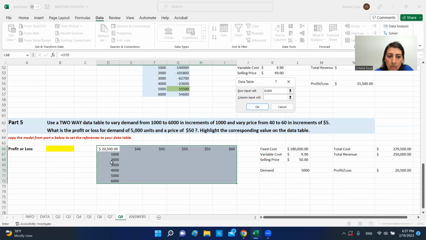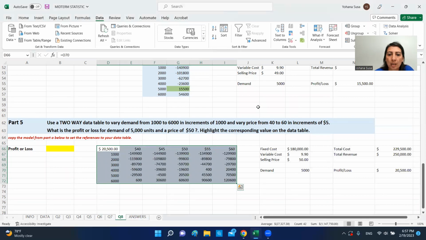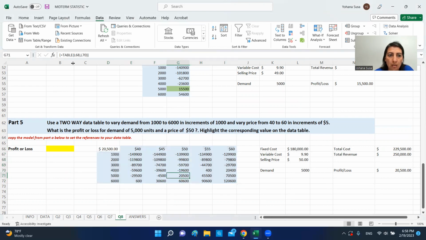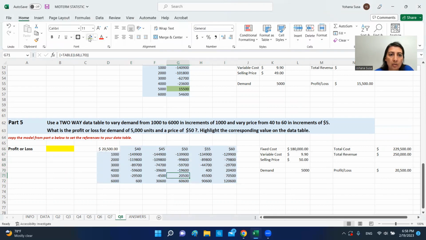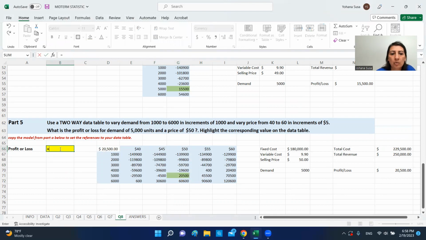And our columns, as we can see, are the demand. So we reference that and we hit OK. And this is going to calculate every combination of price and demand. Now, what we've been asked is the profit for a demand of 5,000 at a price of 50. So it'll be here. I'm gonna highlight it to make it easy. And then we're just going to reference that here. Okay, and that's it.